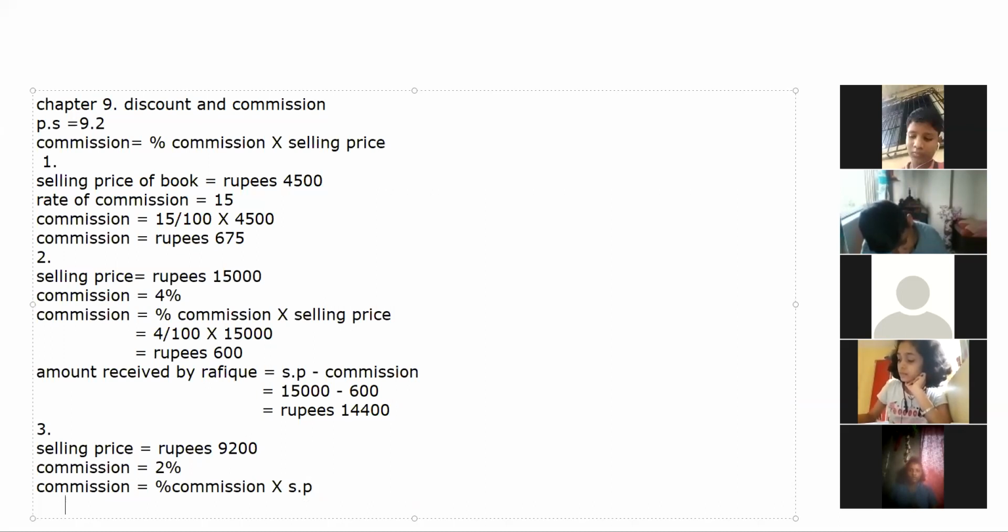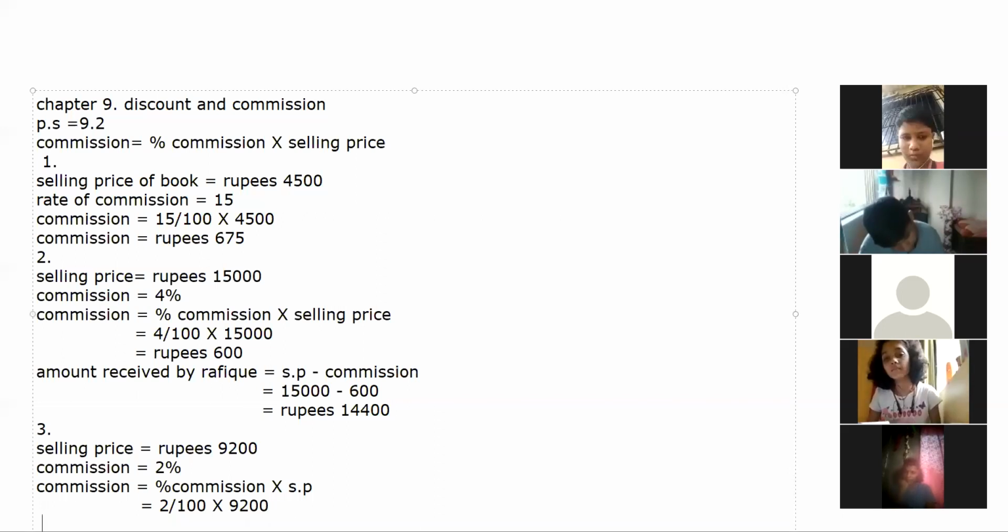Previously we had written this. So it will be 2 upon 100 into 9,200. After solving this, you get answer rupees 184. Okay, the answer is 184. Chalo, completed.